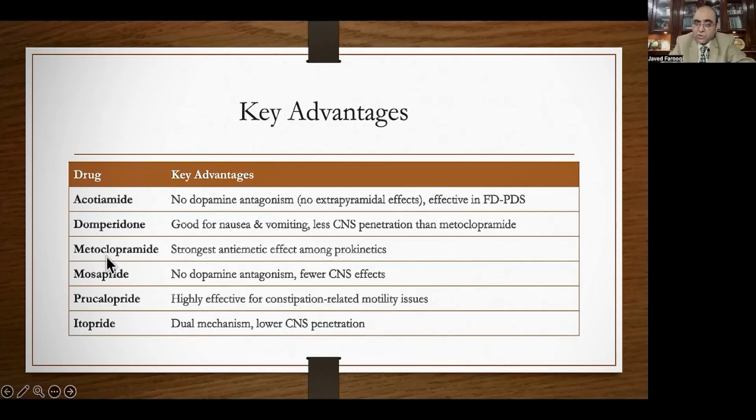The key advantage of metoclopramide is that it has the strongest anti-emetic effect among all prokinetics. Similarly, the key advantage of mosapride is that it has no dopamine antagonism and fewer CNS effects. The key advantage of prucalopride is that it's highly effective for constipation-related motility issues. And the key advantage of Itopride is that it has dual mechanism and lower CNS penetration.